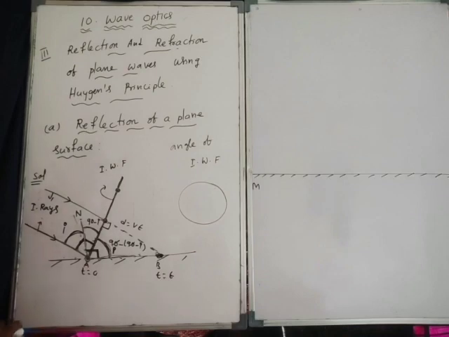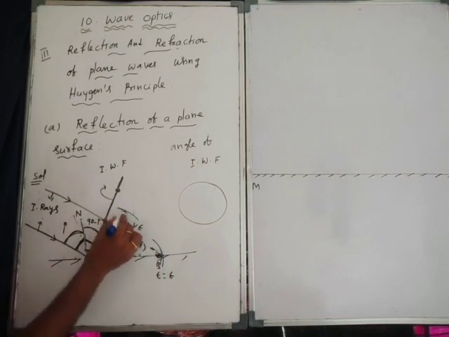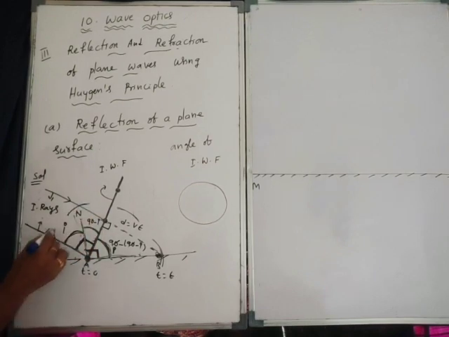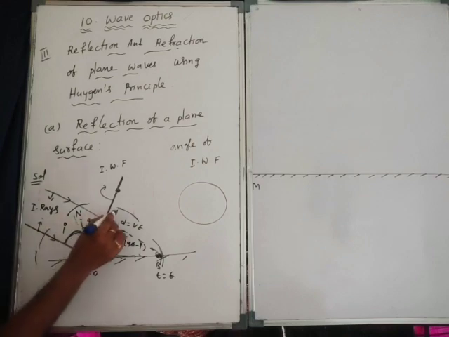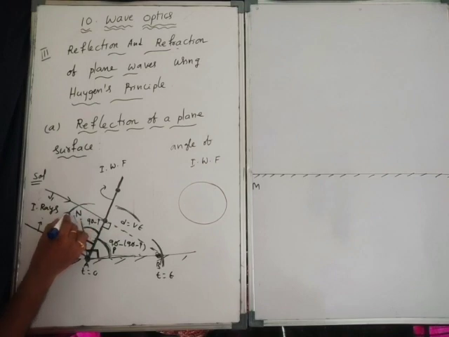That means with respect to A, here one sphere, and here one sphere. Like that only. So this is the arc I will consider.